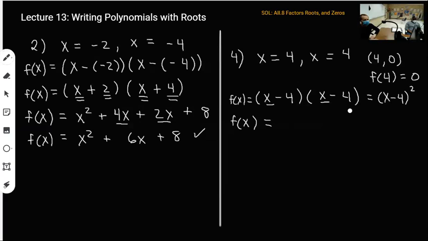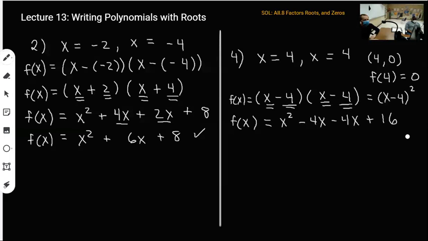So the first two terms are x and x. They're going to multiply to give me x squared. I'm going to have my outer two terms, x and -4. That's going to give me minus 4x. And then I'm going to have my inner two terms. Those are going to be -4 and x. So I get the same thing, -4x. And then the last two numbers are -4 and -4. That's going to multiply to give me +16.